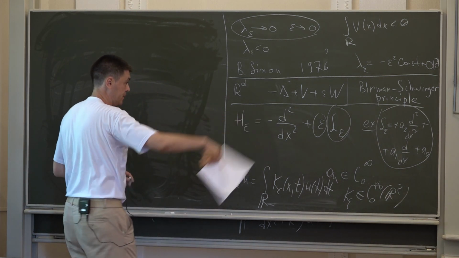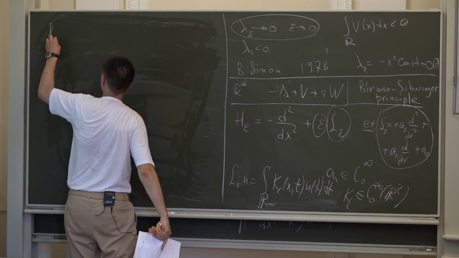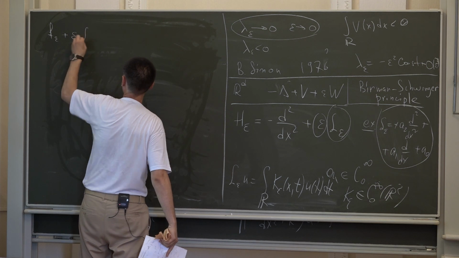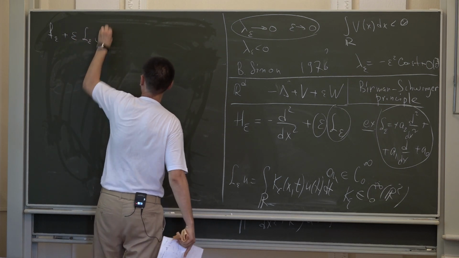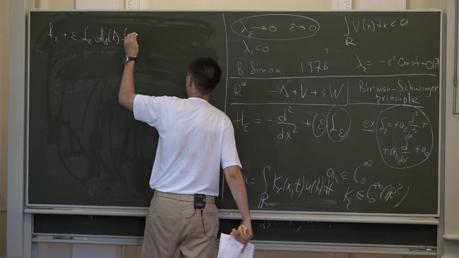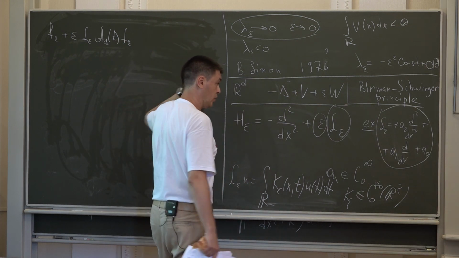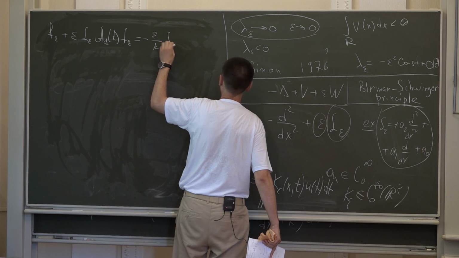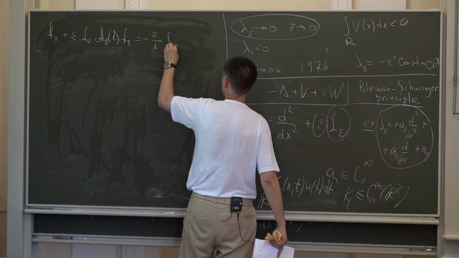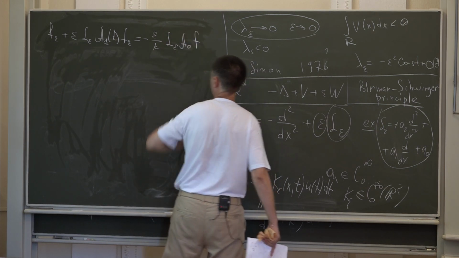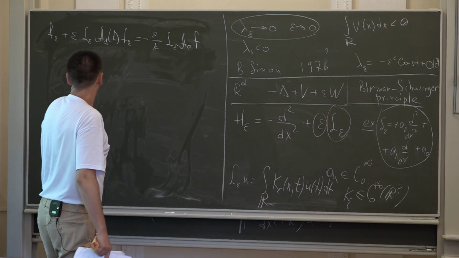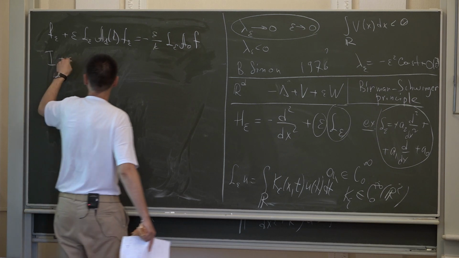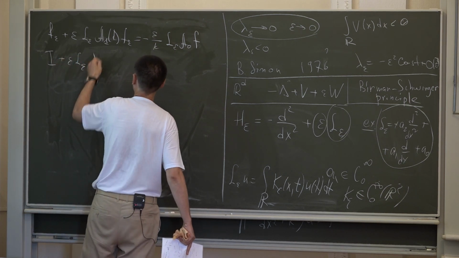So the next step is to rewrite this equation as follows, to have here minus epsilon L epsilon A0F, and the left-hand side can be rewritten like this.